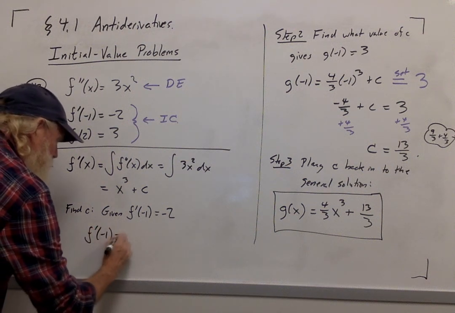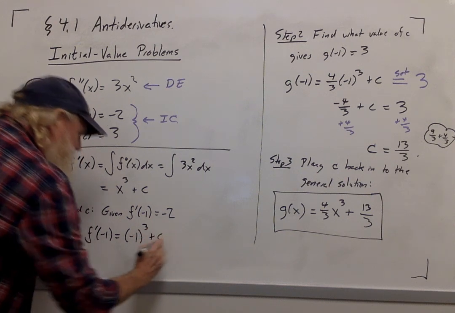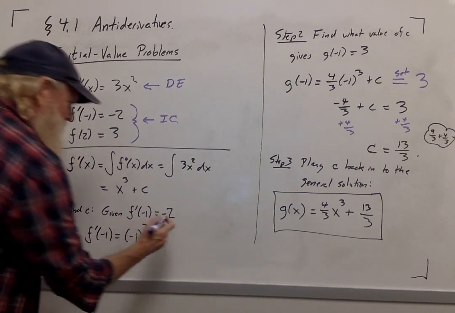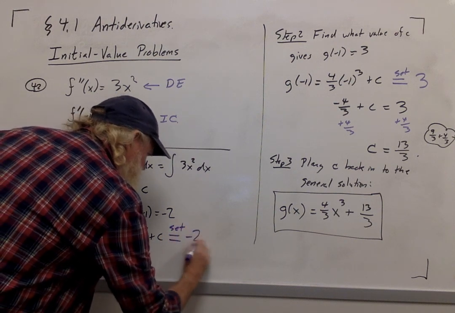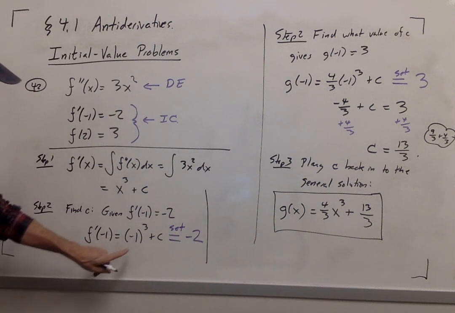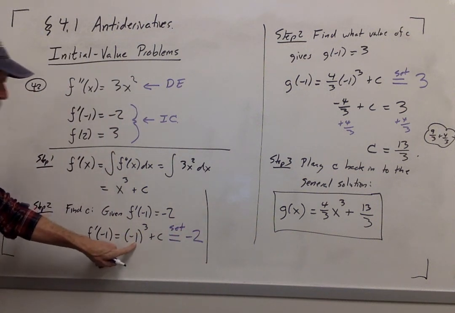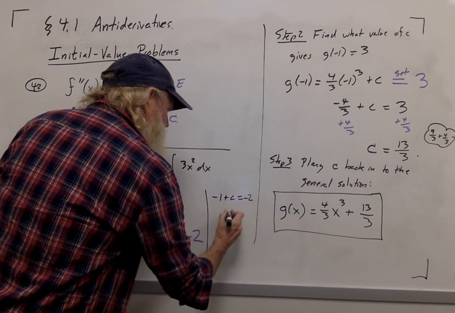F prime of -1 is -1 cubed plus c. And we're going to set that equal to -2. I'll squeeze the solution in over here. -1 cubed is -1 plus c equals -2.